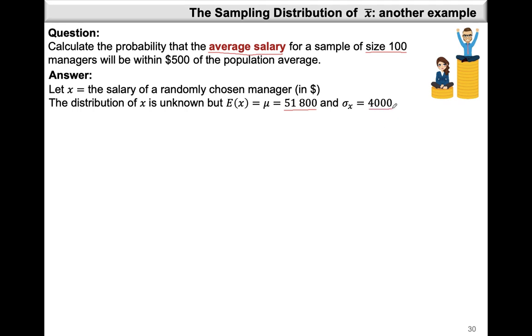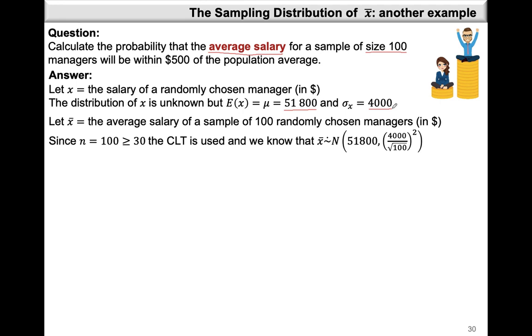So if we define X bar as the average salary of a sample of 100 randomly chosen managers in dollars, we can see that as a result of the sample size being very large and greater than 30, we can make use of the central limit theorem and therefore find that the sampling distribution of X bar will be approximately normal with a mean of 51,800, which is the same as the population mean, and a variance of (4,000 divided by the square root of 100) squared.